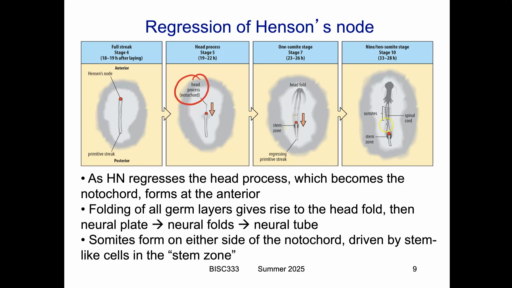It takes still time for the somites and the other structures to form, but the stem zone is always slightly ahead of Hensen's node. So there are signals taking place. The cells themselves are not moving, but the nature of the cells is changing as different gene expression changes occur.